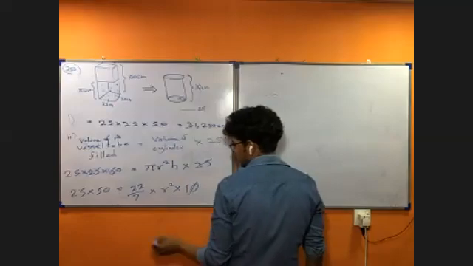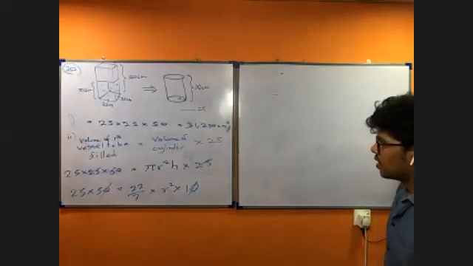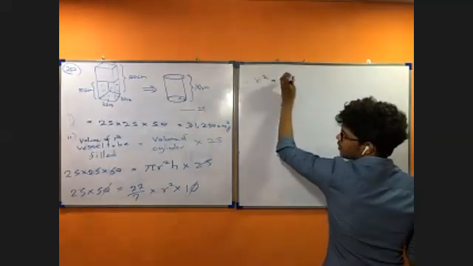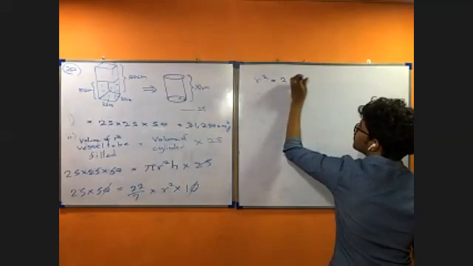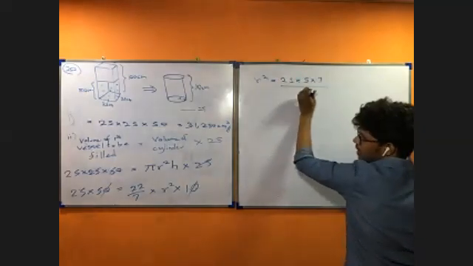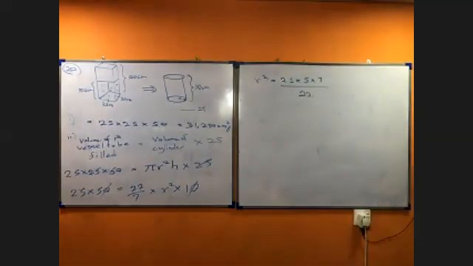So this 10 and this 10 cancel off. So I get r squared is equal to 25 into 5 into 7 divided by 22.